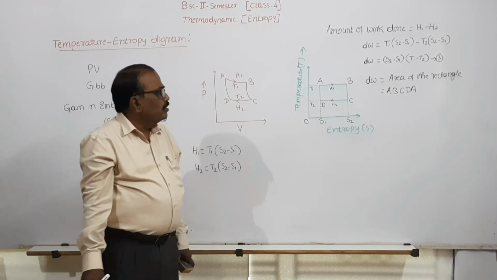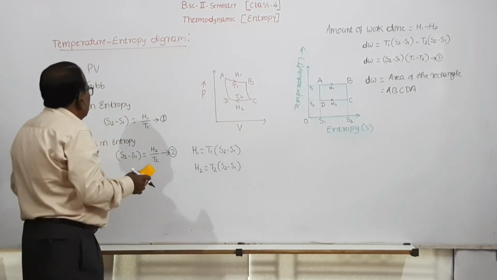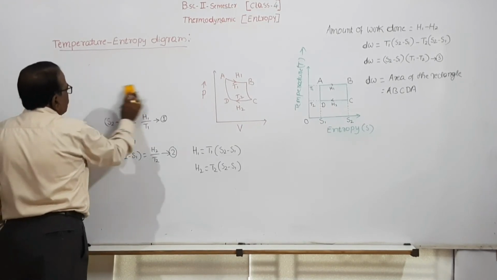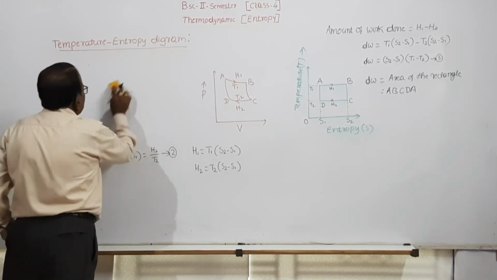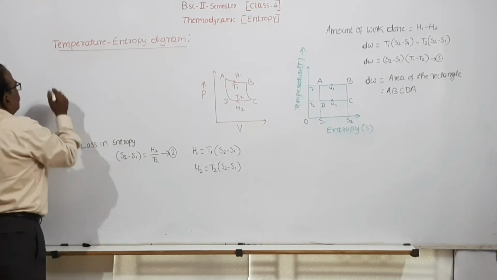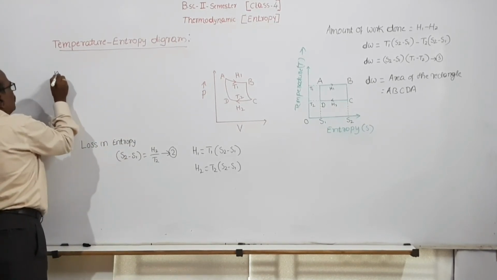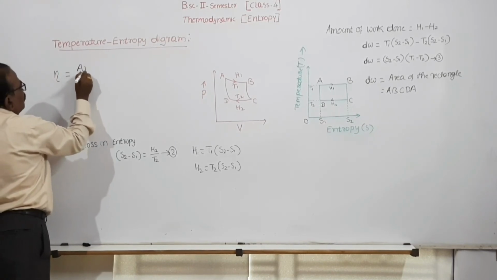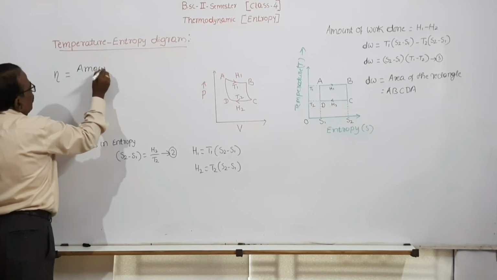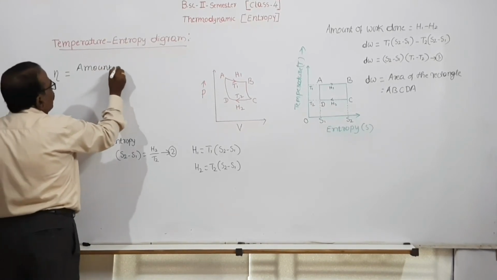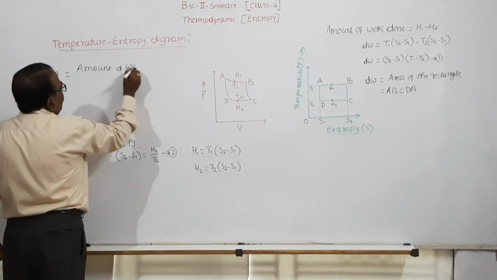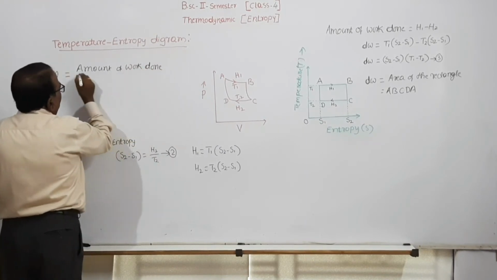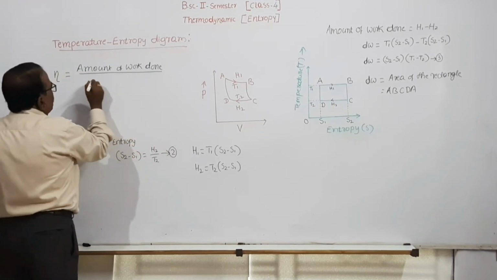Now we have to calculate the efficiency of this Carnot reversible heat engine. You know that your efficiency eta is the amount of work done divided by heat absorbed.